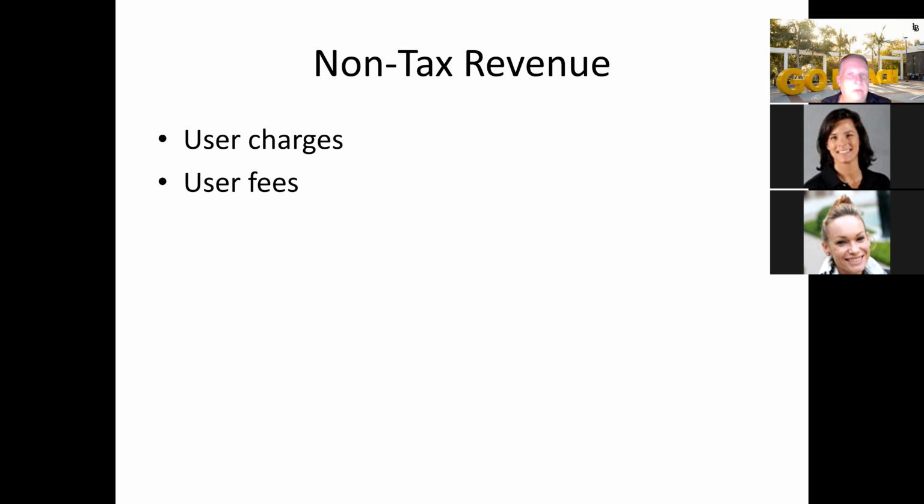Now, you're probably familiar with Proposition 13, but what Proposition 13 did is it limited the property tax rate to 1% and limited the assessment rate to what we say is 2%. Now, by assessment rate, we're talking about growth in the assessed value of your property. So the assessed value of your property, unless it changes hands, can only grow by 2% per year.